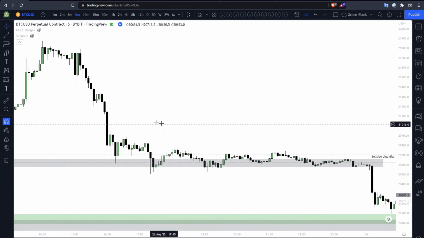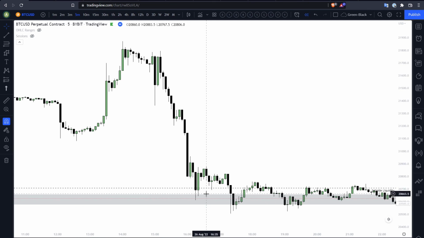Well, apparently I got excited and I entered a long position on this candle, which was mitigating the fair value gap somewhere here on a 1-minute chart. But the problem is that I didn't really follow the instructions of the model trade entry.